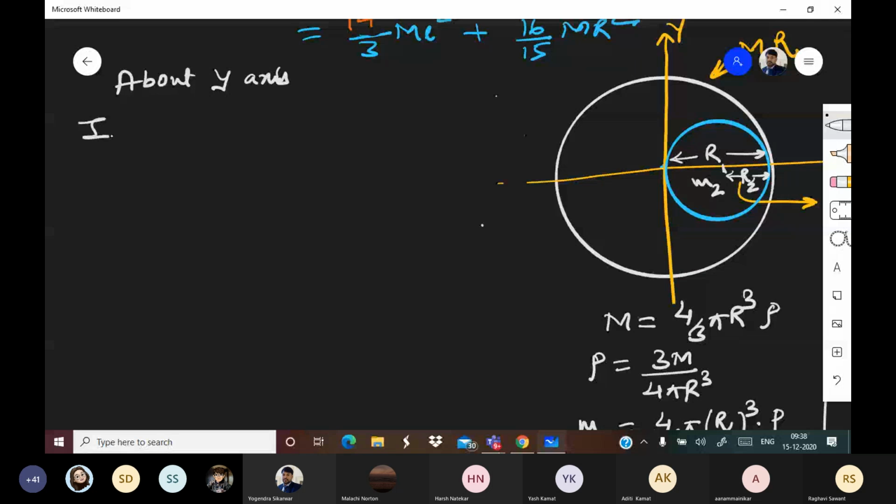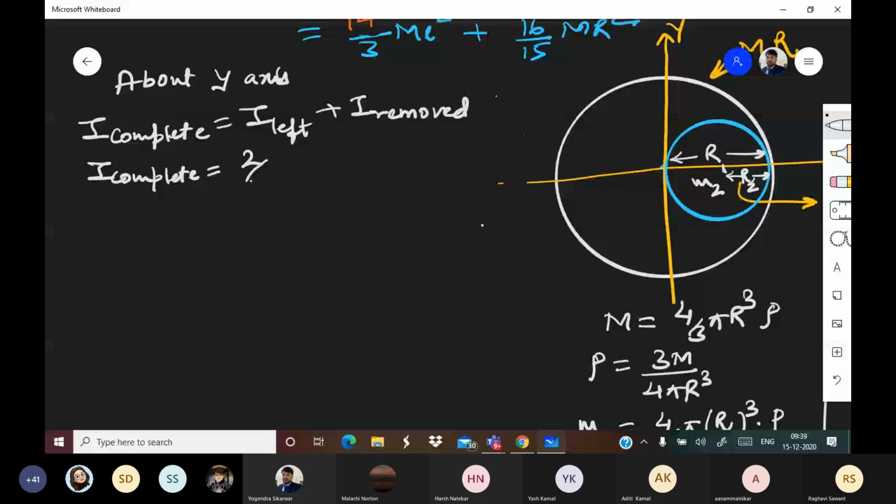So I complete is equal to I left plus I removed. I complete, we all know how much that was: 2 by 5 capital MR square. Yes or no? Okay.